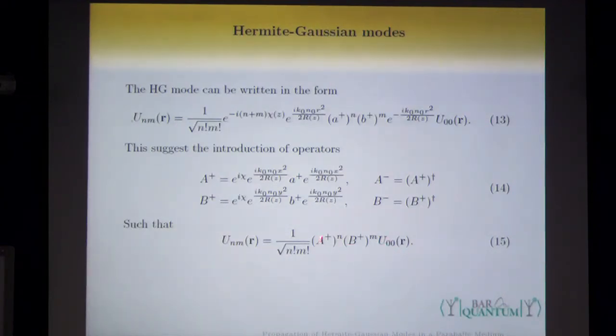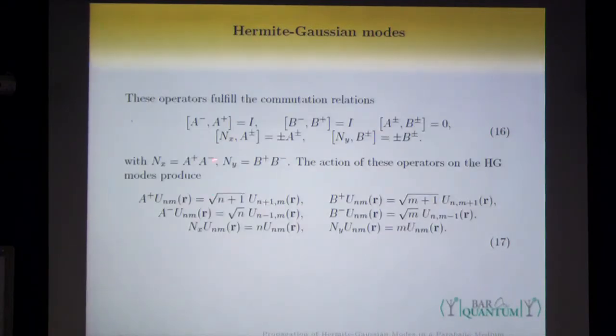So with these subsequent actions over this Gaussian mode, we can construct the Hermite Gaussian beams, where these operators, big A and B, satisfy this commutation relation, and they also satisfy these actions on the Hermite Gaussian beams.